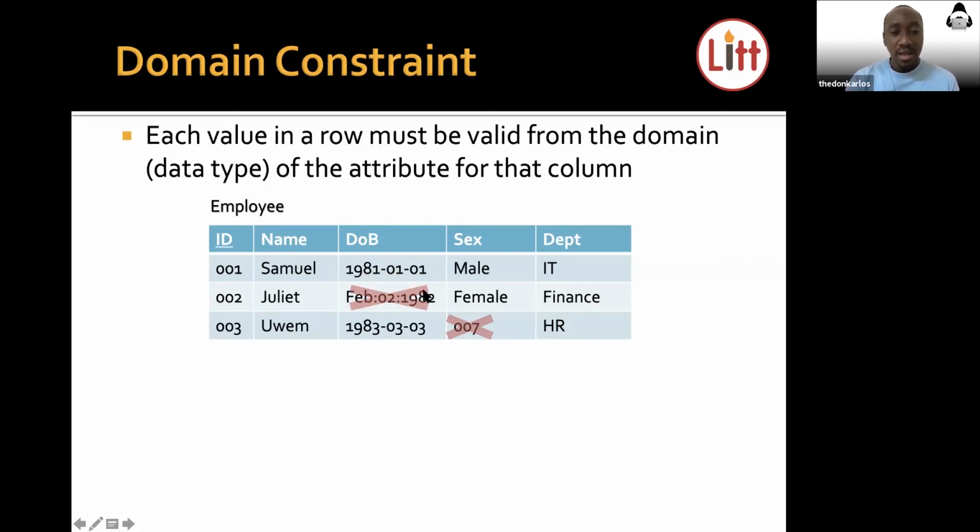Then another one of the records here is showing FEB in a different format, the month, the day, and the year, which doesn't follow this particular format, meaning these two here do not fall within the domain of their attributes. So the domain constraint will prompt these so that when you are making such an entry into the database, it prevents it. Because if it accepts it, then you are going to have a lot of inconsistencies in your data.